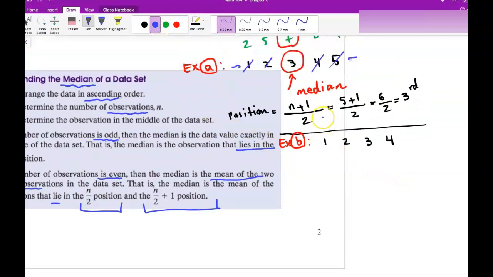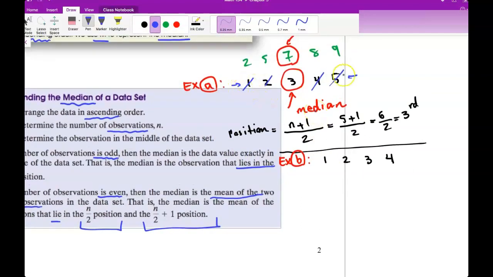Again, same thing, starting from left and right. From left I have 1, now from right I have 4. Eliminating. I don't want to eliminate this because I want to have something in between. So that means we have these two in between.